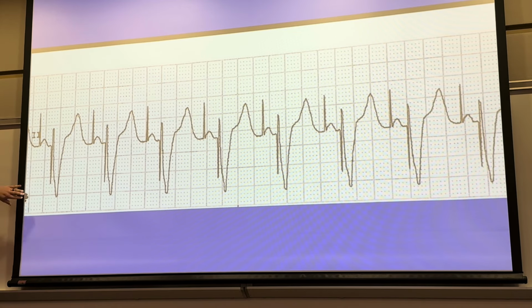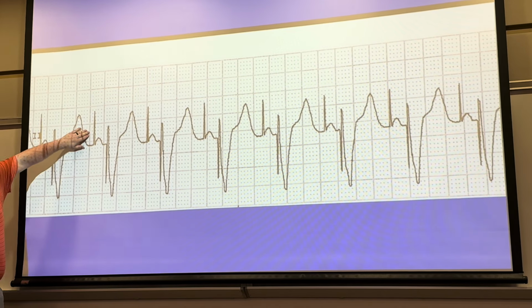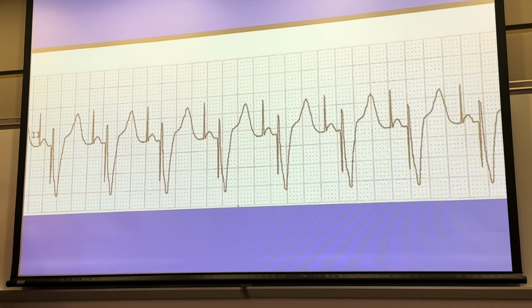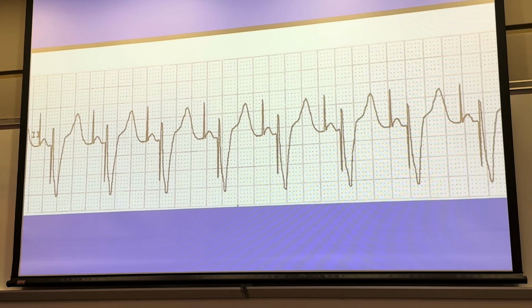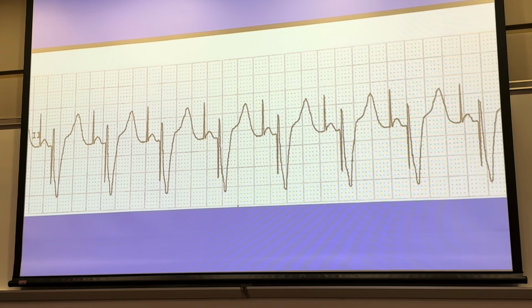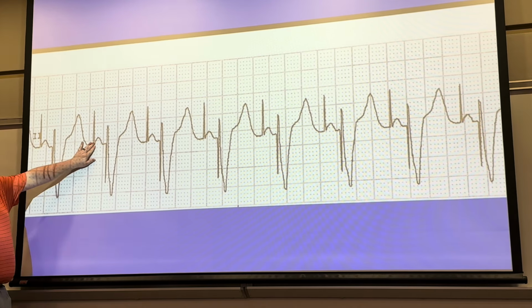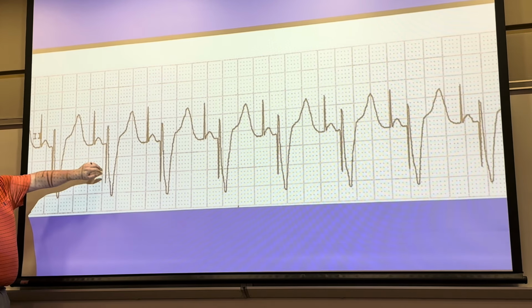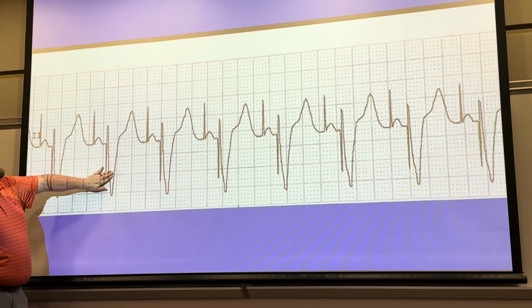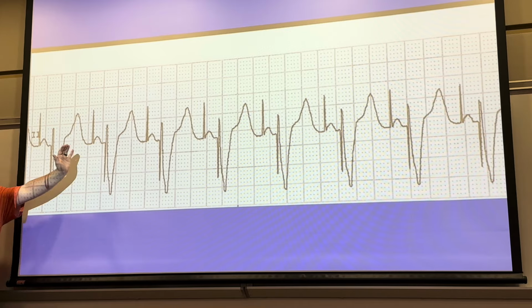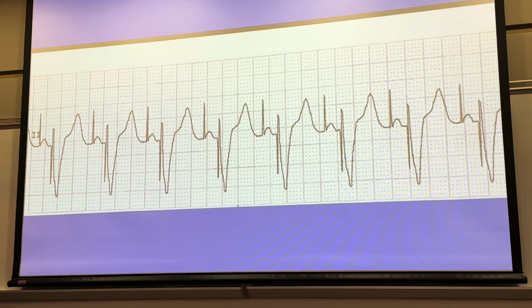So does everybody see these pacer spikes? This is what these are, our pacer spikes right there. With AV pacing, or atrial ventricular pacing, I'm going to have a pacer spike before my P wave. I'm also going to have a pacer spike before my QRS complex. Remember, our P wave on our EKG strip shows that atrial contraction.